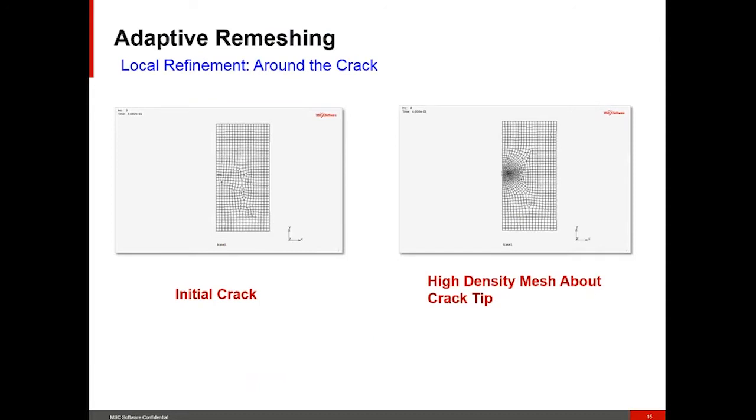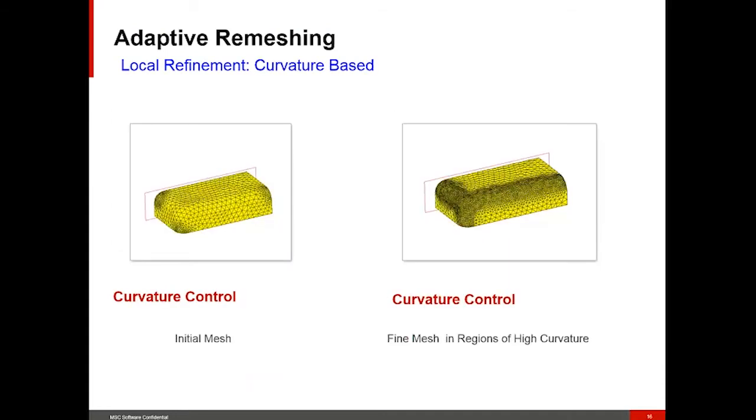When there is a crack in the model, we can ask Marc to use smaller element size around the crack tip so that more accurate results can be obtained. Global remeshing in Marc also provides curvature control so that finer mesh is created in the regions of high curvature.